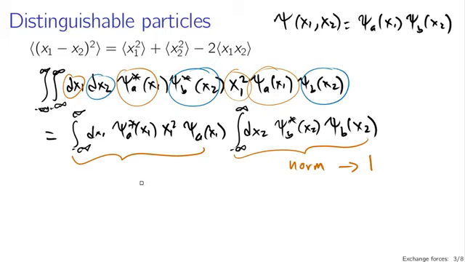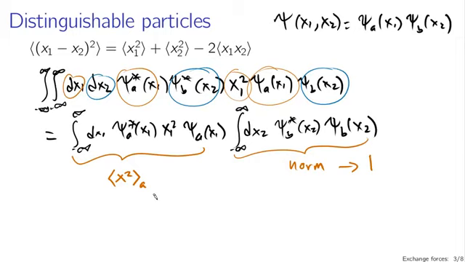But if I'm just considering the single particle state psi a, I don't need to worry about the fact that this is x1 or x2. This is just a coordinate. This is going to integrate out. So I'm going to write this as the expected value of x squared in the single particle state psi a. This subscript a means that we're working with a single particle state, single particle state a.